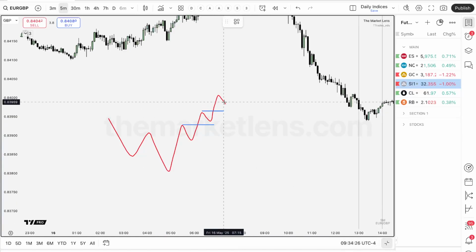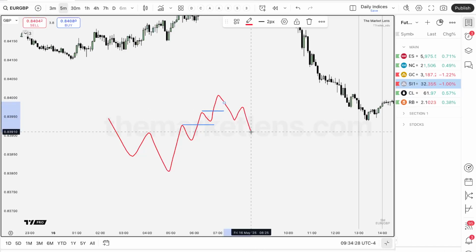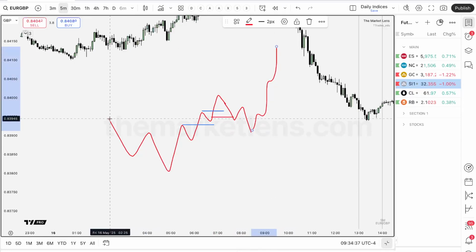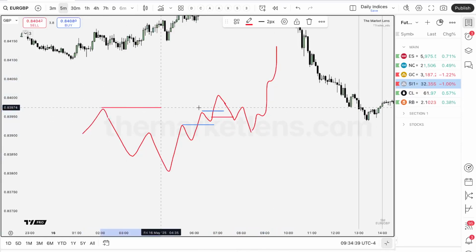A lot of times what will happen is we get something that looks like a structure shift to the downside, or some sort of change in state of delivery. And people are trying to short this and then they get caught in this long. And usually that occurs when we take out a high here. So it takes the high, retraces to take out some liquidity, forms a new swing.